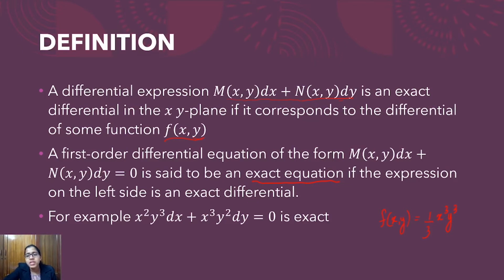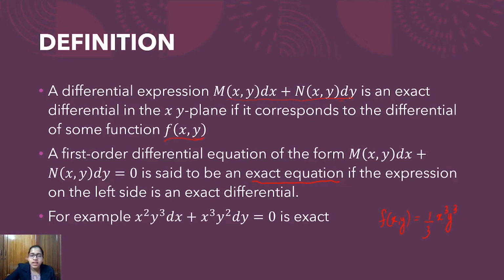What will be the differential of this with respect to x? It will be 3x squared into y cubed, so the 3 and 3 cancel, giving x squared y cubed dx. And with respect to y, it becomes x cubed y squared dy.